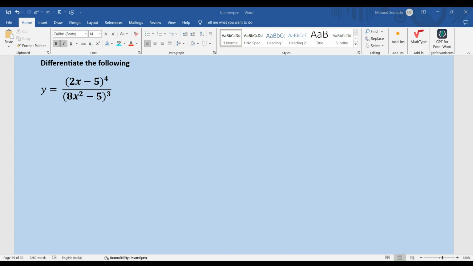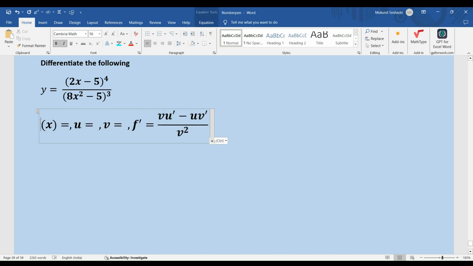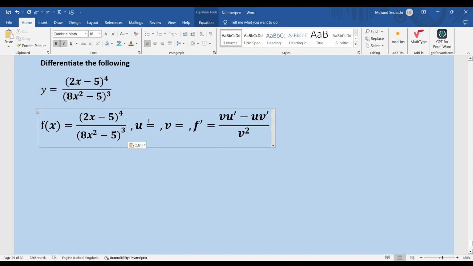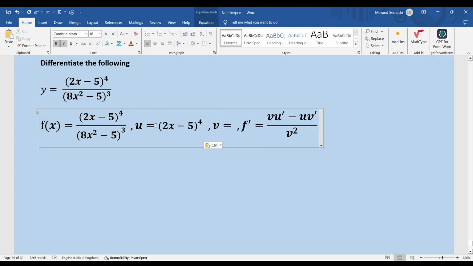Let's write down what our u, v, and f of x are. My f of x is nothing but my y. My u, which is my numerator, because I'm going to apply the quotient rule to solve this problem, is nothing but (2x minus 5) the whole power 4.